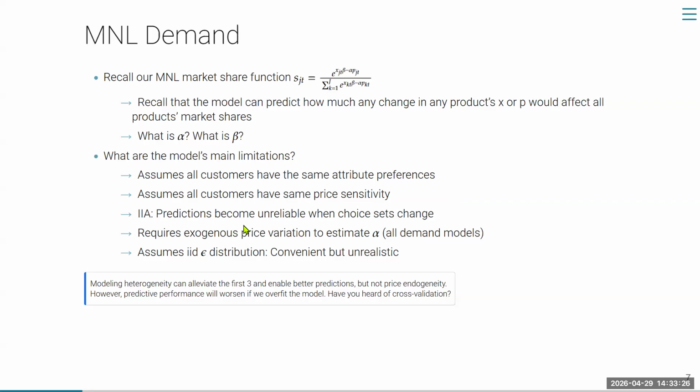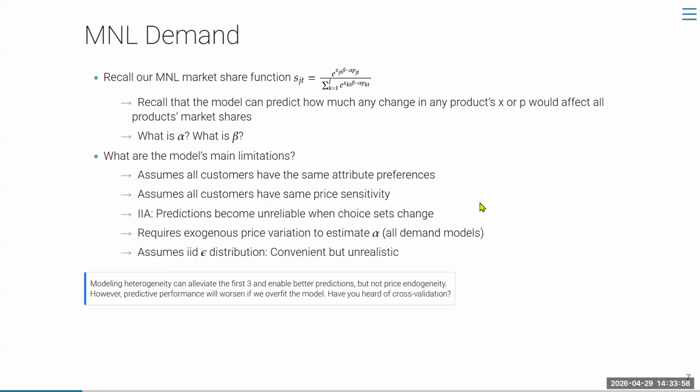The third one is a little bit trickier. The model's predictions assume proportionality. So when one product's market share changes, it draws from other products' predicted shares in proportion to the sizes of those shares, which has a degree of unrealistic lack of realism.